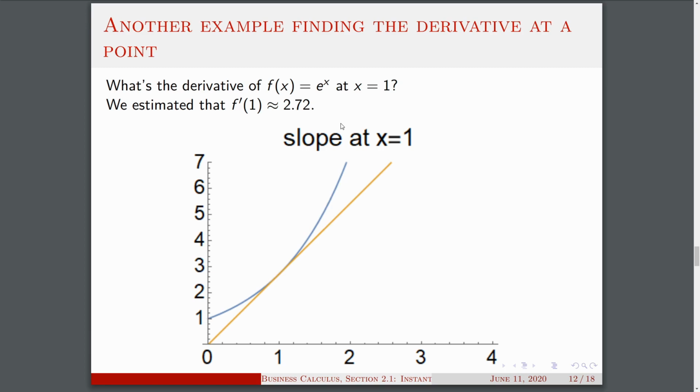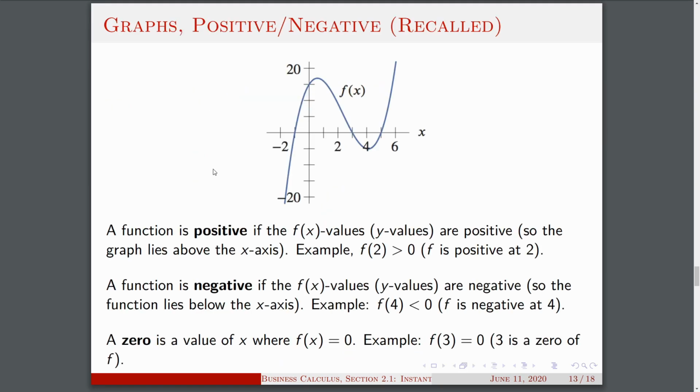All right, so the slope at that point is the same as the slope of this tangent line at that point. Okay? So that's that.